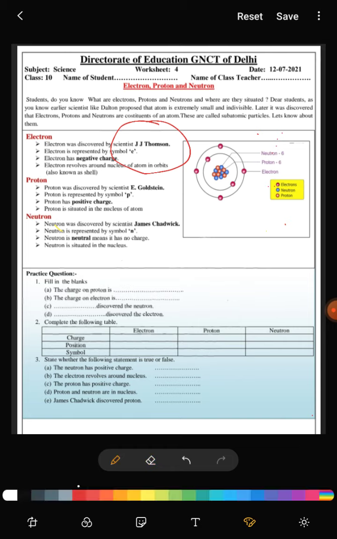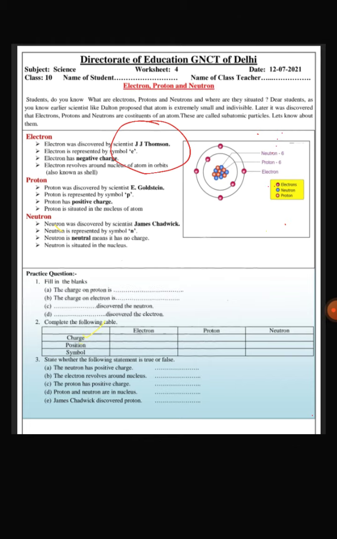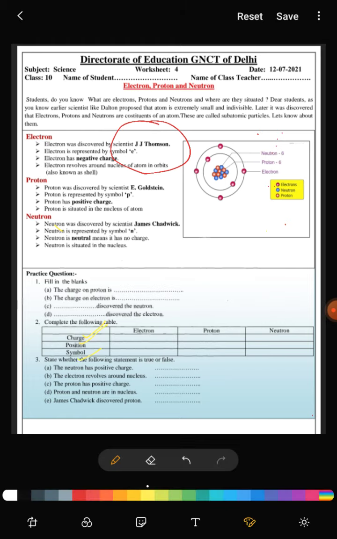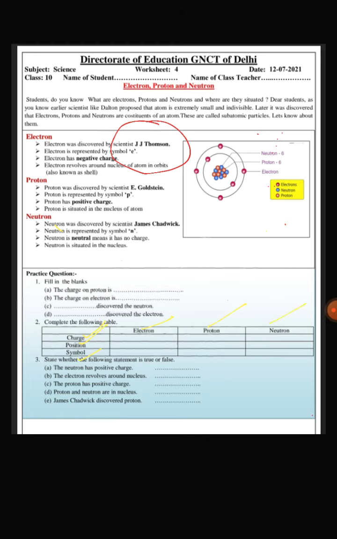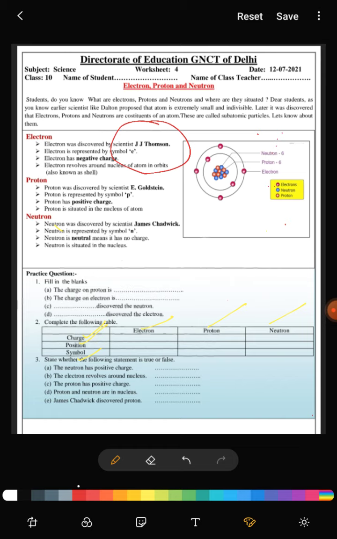Now we are going to question number 2. In this question we complete a table which contains the charge, position and symbol, and here you find the name of the subatomic particle. Here firstly we should complete the electron.